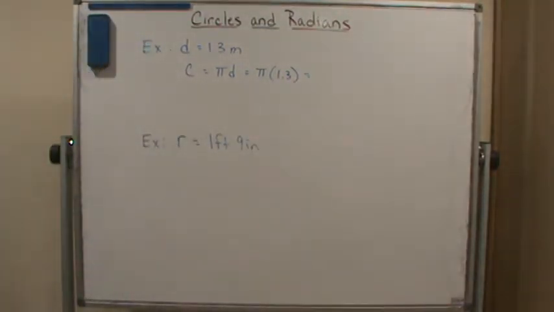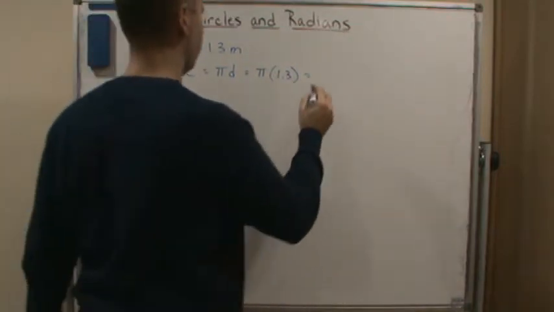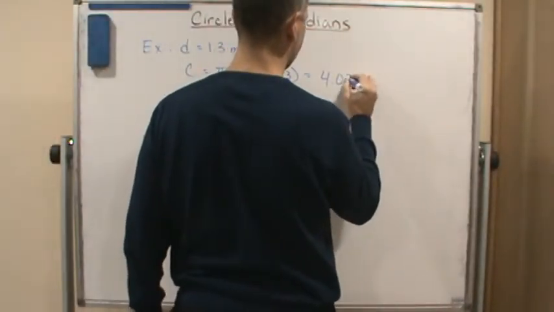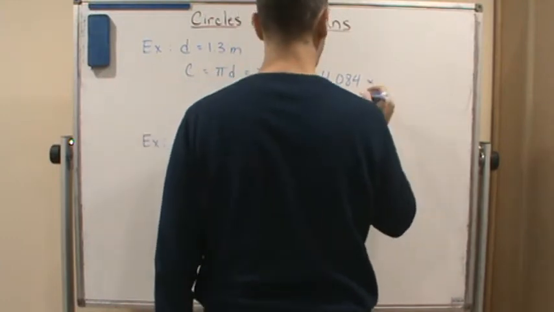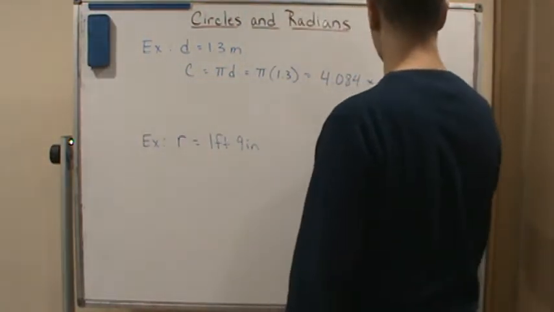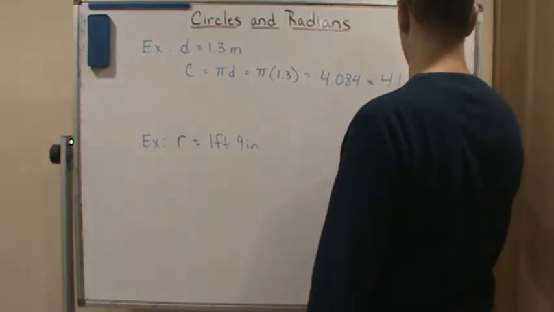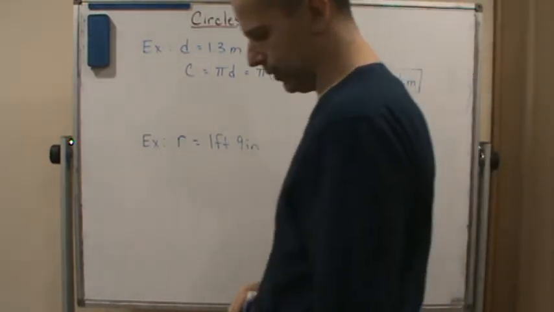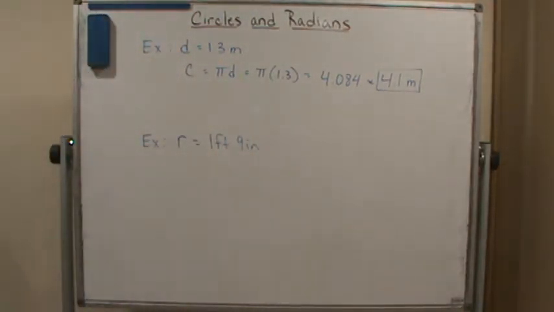If we use our calculator and the pi key, we get approximately 4.084, which, rounded to the nearest tenth of a meter, gives us 4.1 meters. So that is the circumference, the distance around the circle that has a diameter of 1.3 meters.